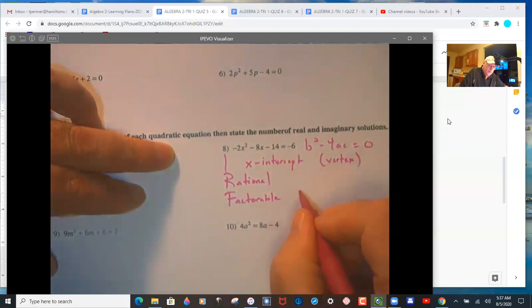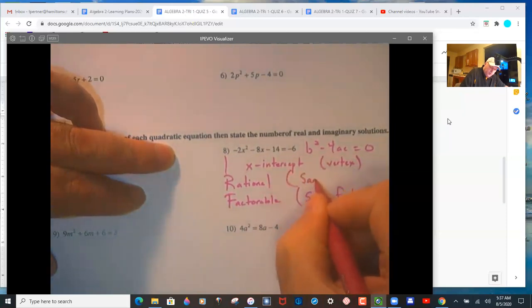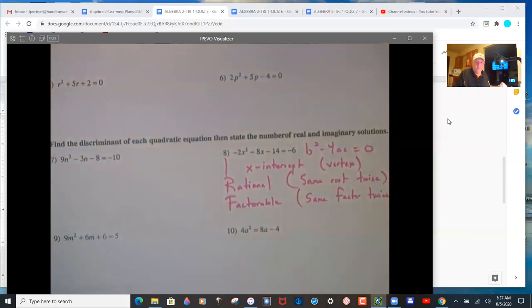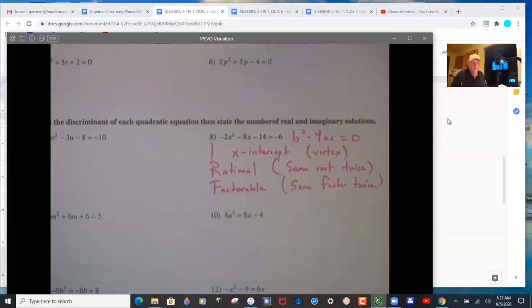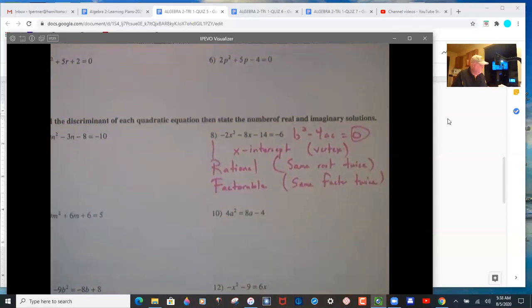And it's the same factor twice. We could say here it's the same root twice. So let's say you had 2x plus 1 times 2x plus 1. There's an example of the case when it's 0.